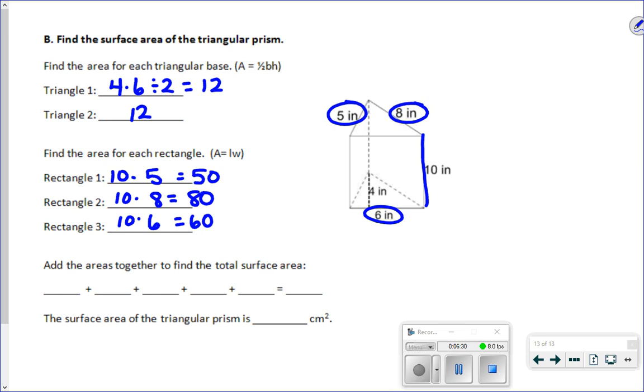So then my last step is to add all of my areas together. So 12 plus 12 plus 50 plus 80 plus 60. So that's going to give me a surface area of 214 centimeters squared. And that's it for surface area of prisms.